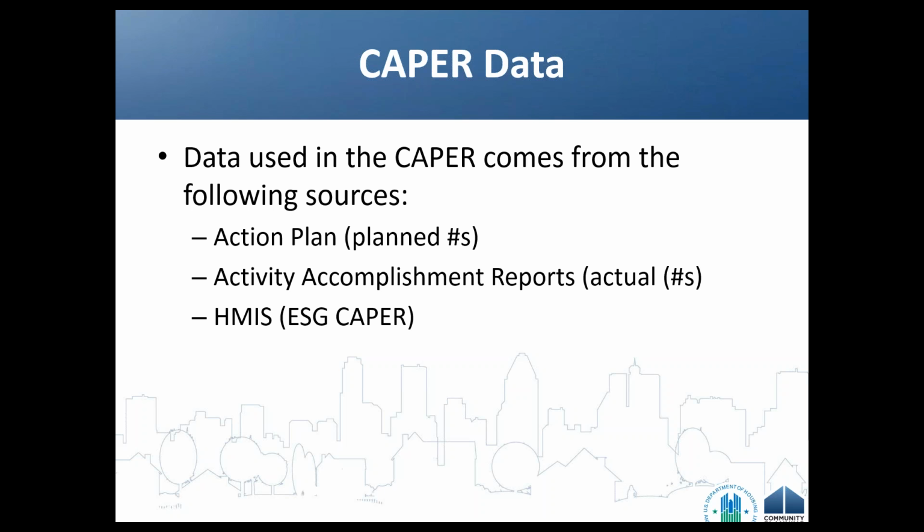But the report we're here to talk about is the Con-Plan Goals and Accomplishments report. It's going to summarize all the information that should be showing up in the CAPER. It's just a MicroStrategy report, so you can run it at any time throughout the program year, as long as you have an action plan submitted, and see where you're at.